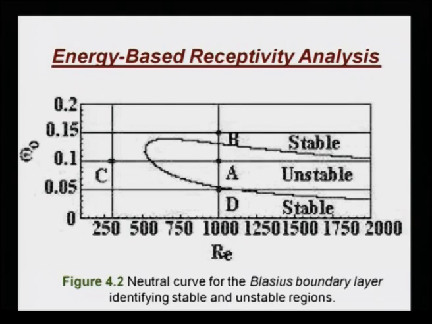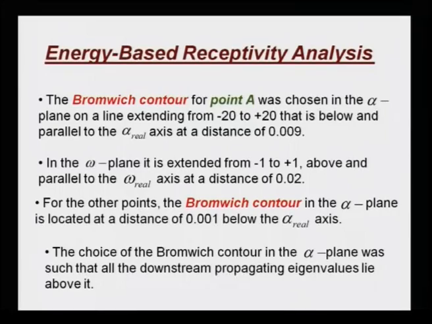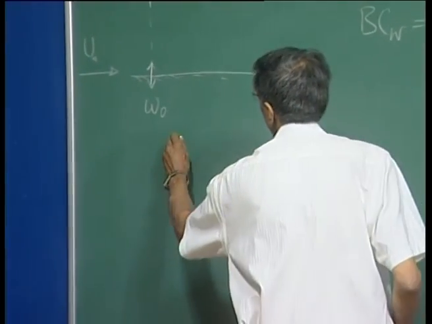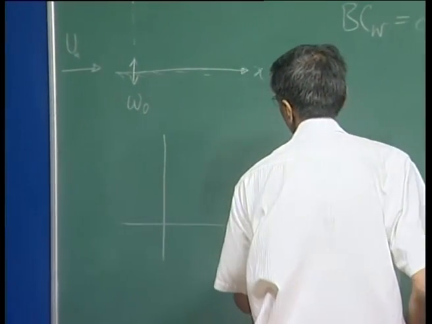Considering the fact that we already have seen the solution for A, we made the comment that what we get from the full spatiotemporal analysis looks essentially the same as what we would have gotten from the spatial analysis itself. And for the point A, what we had done, we had basically looked at the Bromwich contour in the alpha plane.